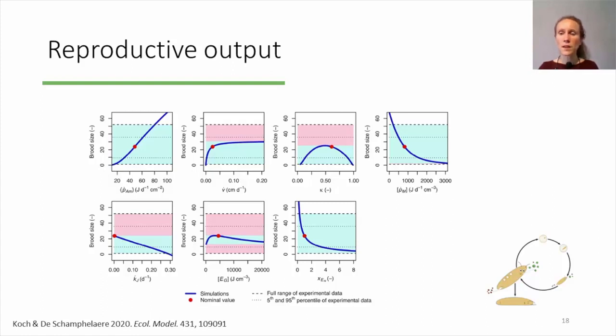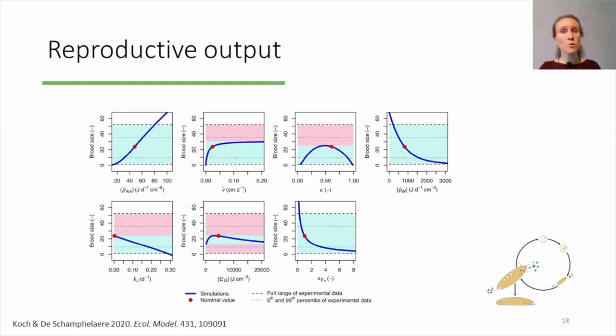Actually, what happens is that to have high reproductive output, you need to allocate a lot to reproduction, but you also need to be large to acquire a lot of energy. So if you don't allocate much to growth, of course a larger share of the energy you have will be allocated to reproduction, but the total amount of energy you will be able to get will remain limited because of your limited size.